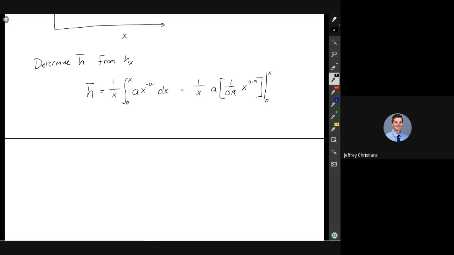Some of these integrals, when we're actually trying to find this, sometimes we'll end up with kind of weird equations. They'll feel a little bit weird. All we're doing is we have some function of x, we're adding it up over the whole plate, and then finding the average by dividing by the distance that we added it up over, which is x. So we added it up from 0 to x. That's where this comes in. And then we got an average by this term where we divided out by x.